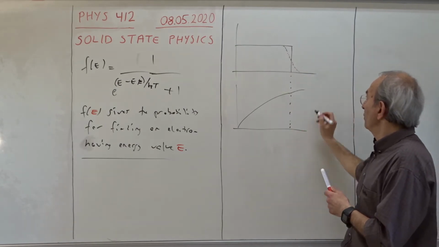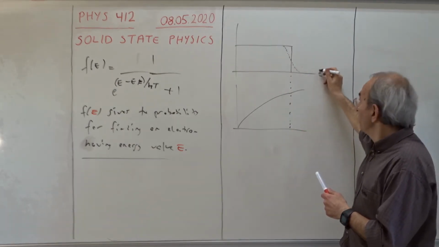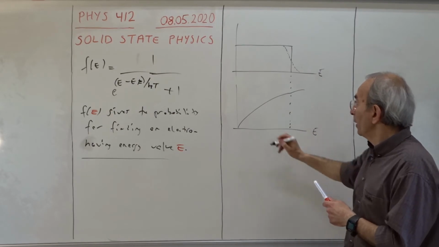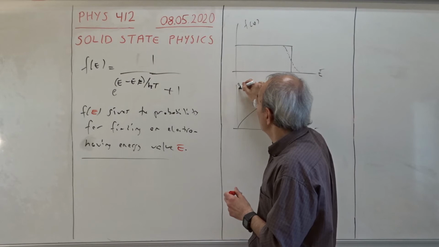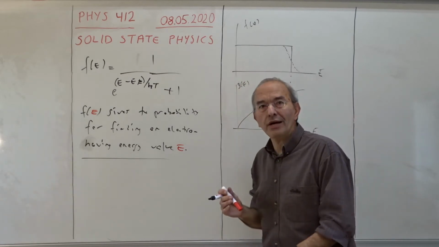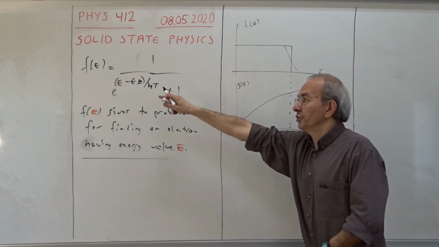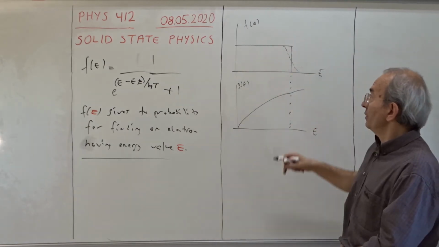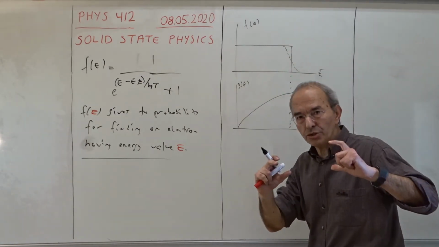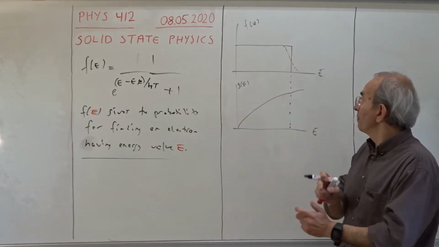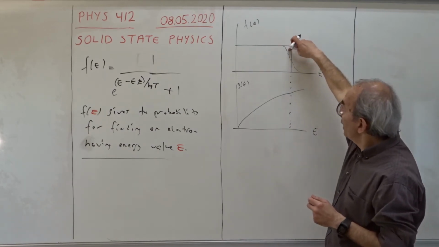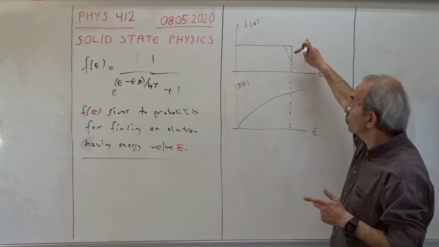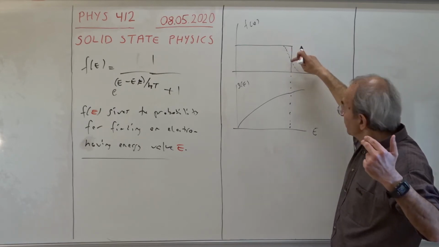This value corresponds to E, this is also E, and these axes are F of E and G of E, as we have found. F of E, this function, is the probability, the upper one. It is like a rectangle at 0 Kelvin, but that part is modified. So this area is almost equal to that area, because these electrons now have greater energy.